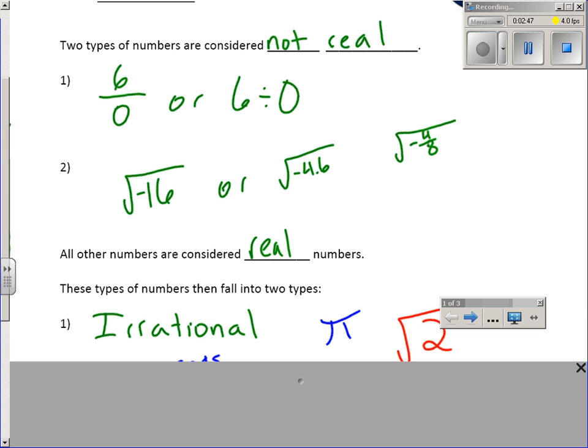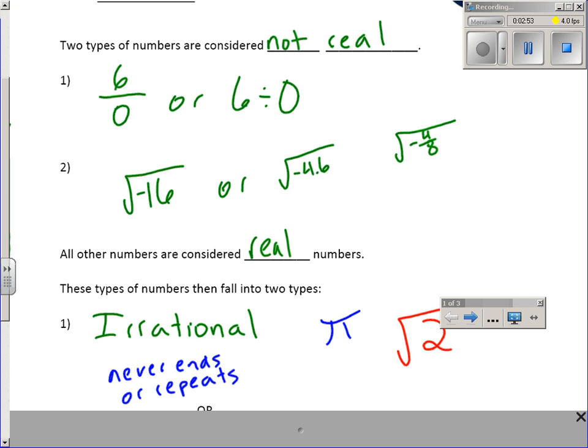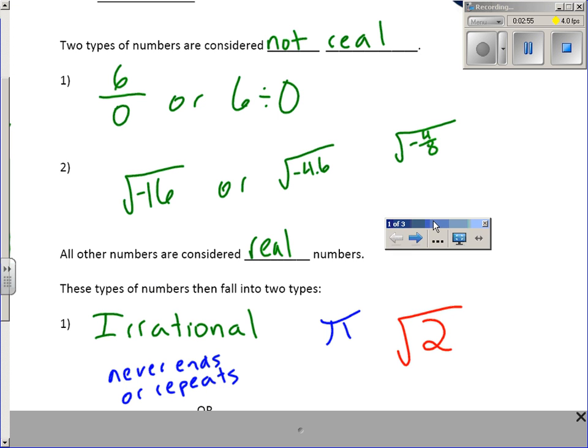One is called an irrational number. Now, the idea with an irrational number is that it's going to be a number that goes on forever. So we talked about pi before. Pi is the ratio of the circumference to the diameter of a circle. This would be a number that would go on forever.